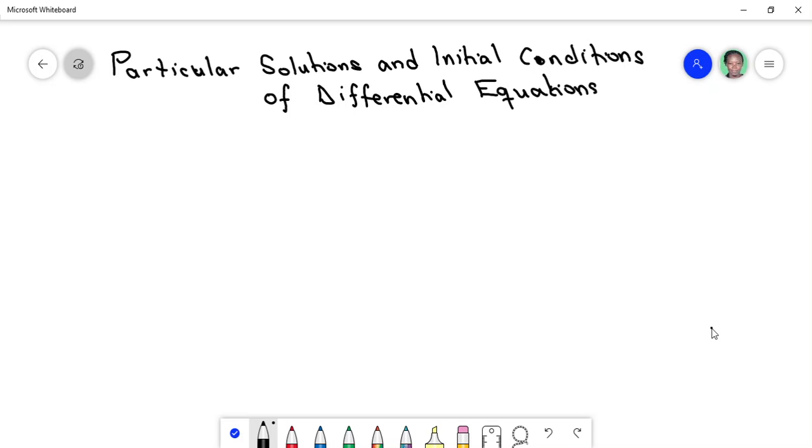So what is the particular solution here?